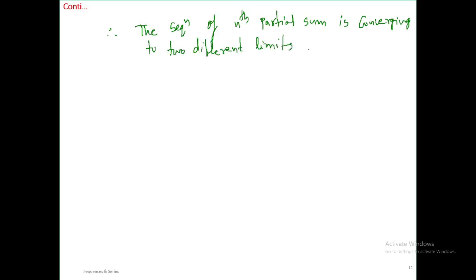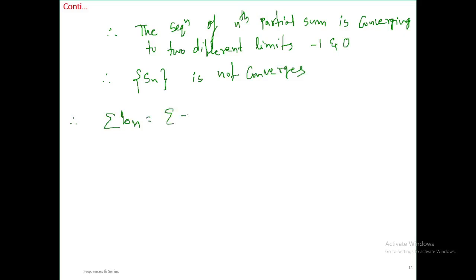What are the two different limits? Minus 1 and 0. Therefore the sequence of nth partial sums Sn does not converge, or simply diverges. Therefore the series bn, which is the series of minus 1 to the power of n, also does not converge. So this is the conclusion.